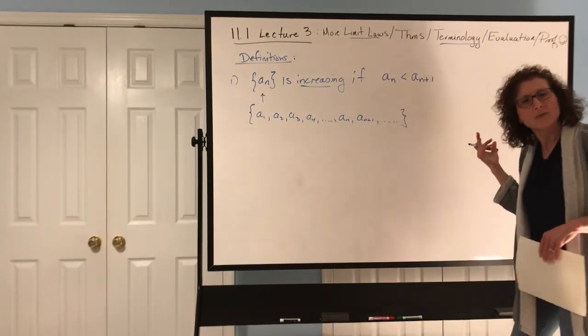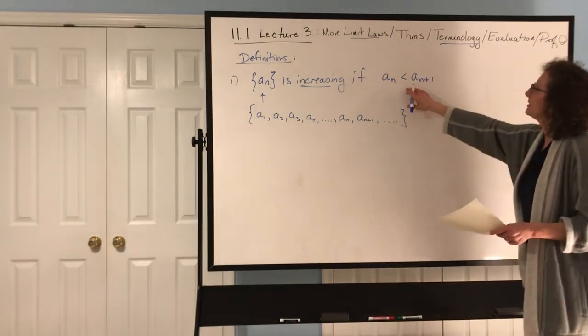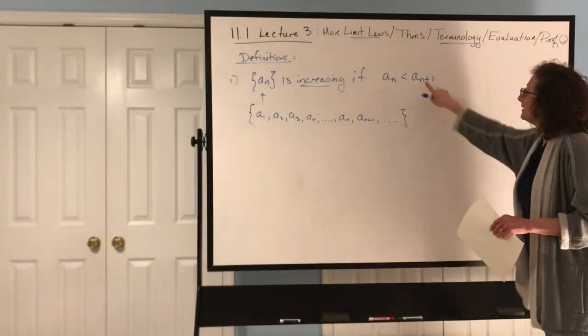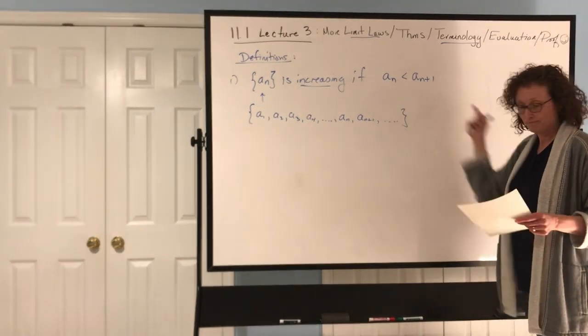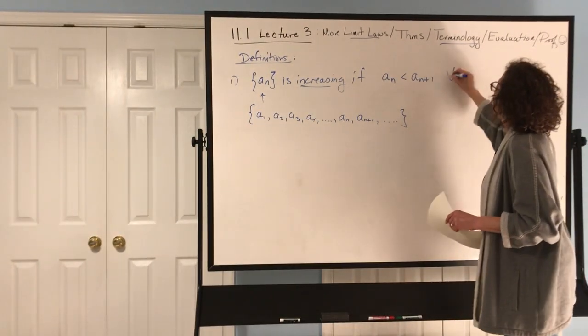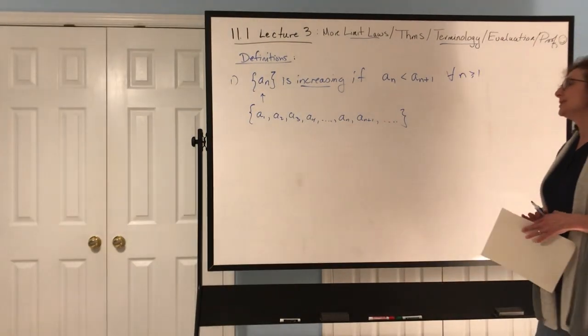I kind of like it that way because it has the increase piece, but we'll just go with it this way. Does that make sense? The next guy is bigger than the previous guy, and that's for all n greater than or equal to 1. That would mean the whole sequence is increasing.